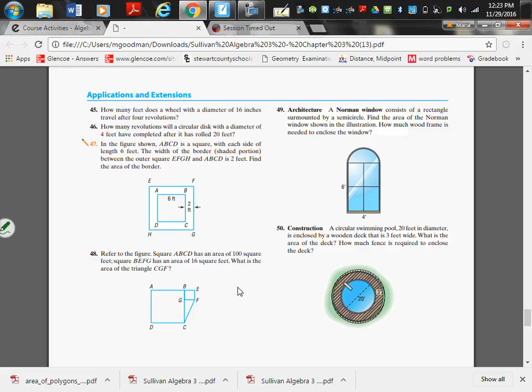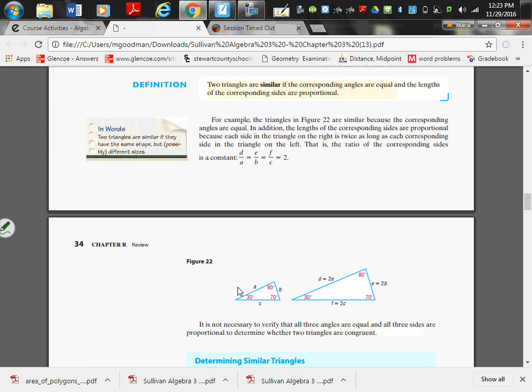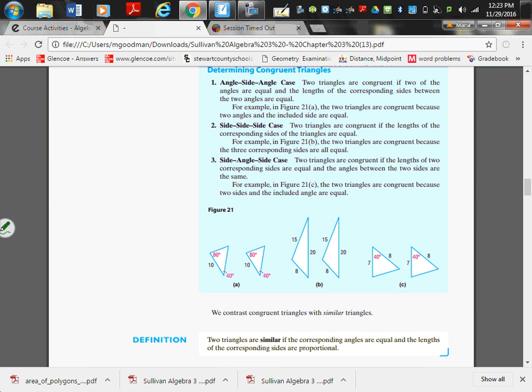45 through 50. Now, if you need the reference chart, where the formulas are. They're in this same book. You can scroll up. Can you put the questions back on the board? Yeah, give me just a second.